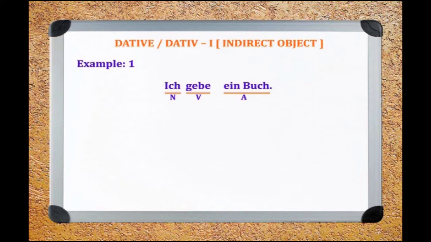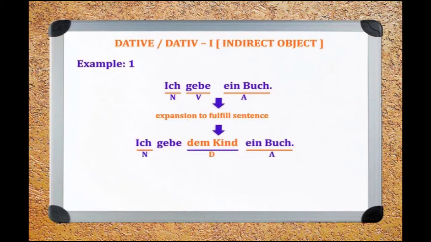So, if we look at this sentence, we will see that we have enlarged it to include the dative noun. Here we have again the subject ich, the direct object ein Buch, which is the accusative, and a new element, which is the indirect object, the dative. If you go back to the aspects of dative, dative is almost always a living thing, and dative is the beneficiary of whatever happens in a sentence.